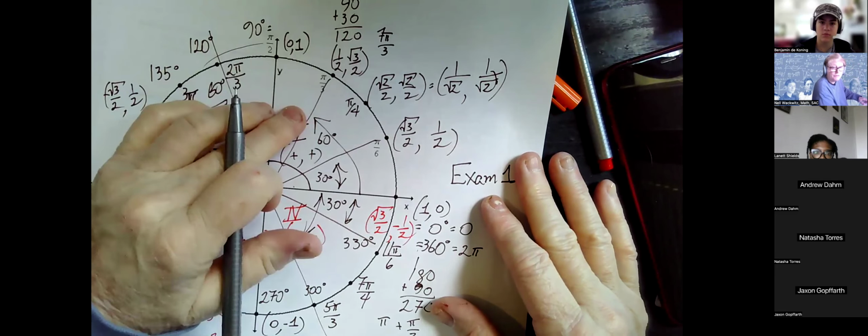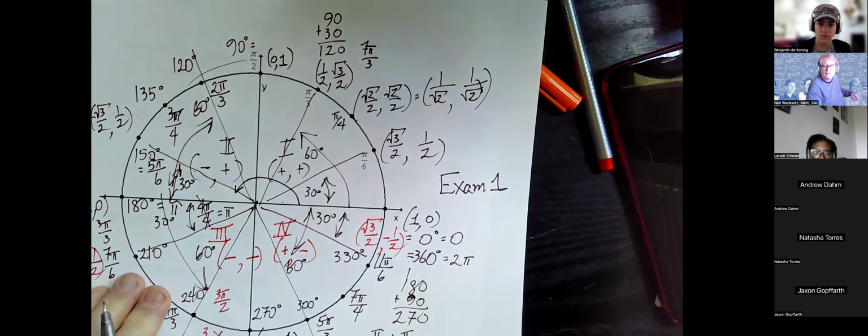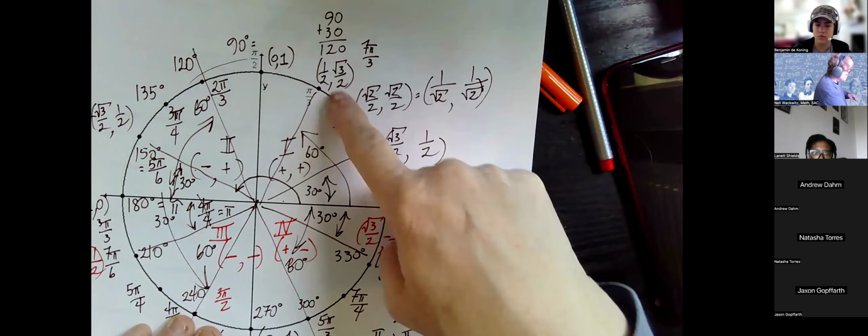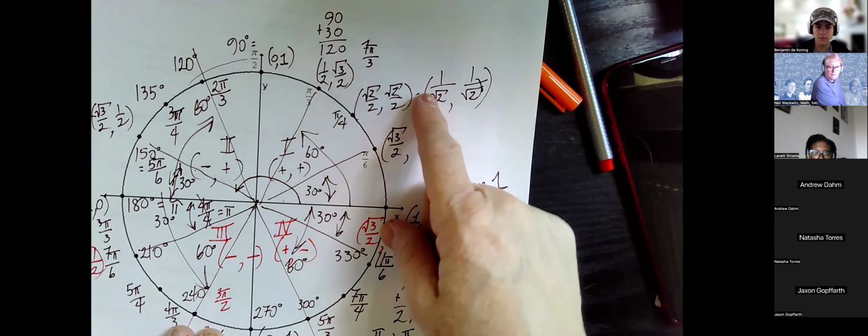So 7 pi over 3 and pi over 3 have exactly the same trig functions. And that's because we call them related.